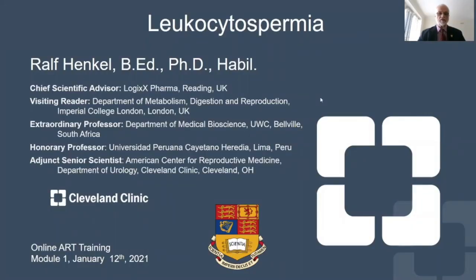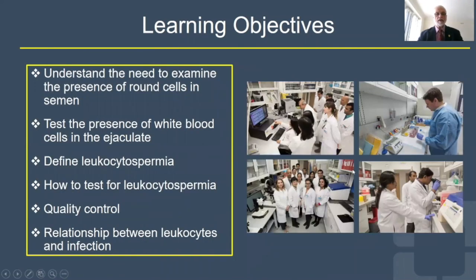Good morning, good afternoon, good evening, everybody, and welcome to my presentation on leukocytospermia today. The learning objectives today are to understand the need to examine the presence of round cells in semen, testing the presence of white blood cells in an ejaculate, defining a leukocytospermia condition, and how to test for leukocytospermia.